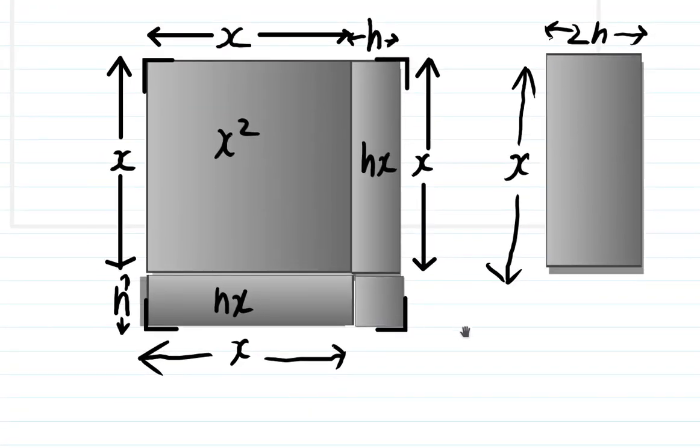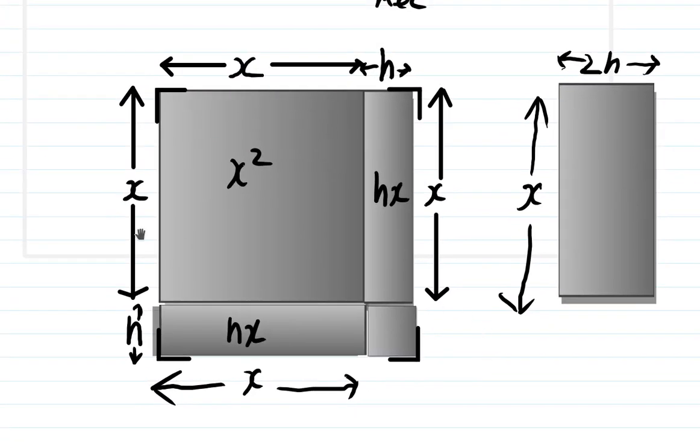Now, notice this square is now complete. What I have, this height is h, and this width of this square is also h. So the area of this square is h times h, which is h squared.